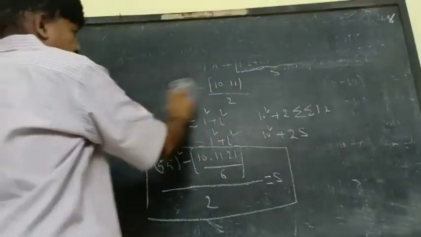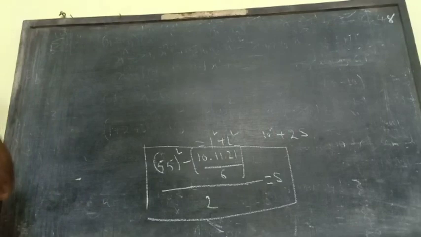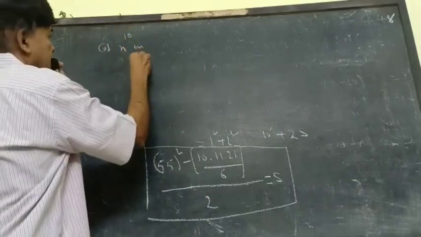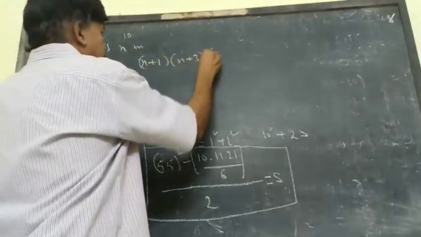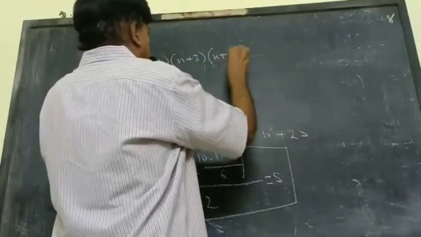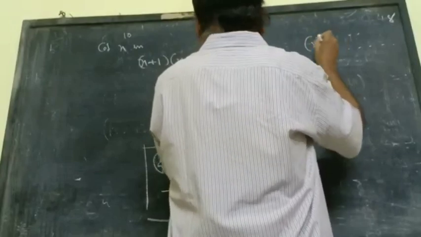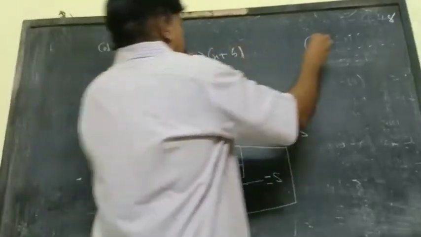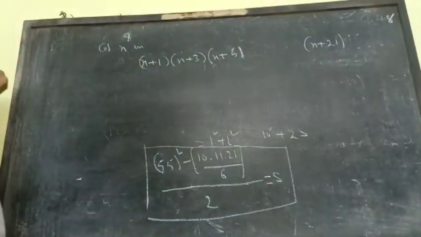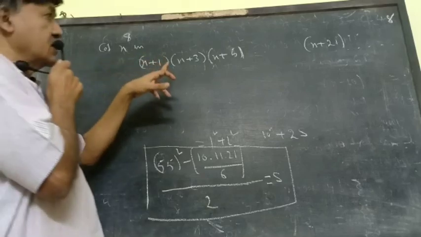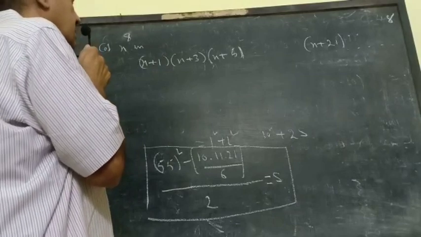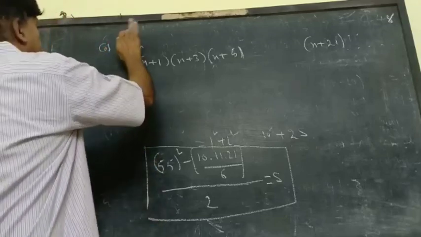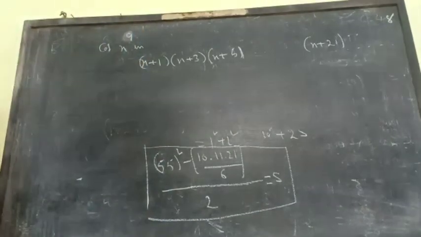You can do one more problem like this. Find the coefficient of x power 9 in (x + 1)(x + 3)(x + 5) etc. up to (x + 21), that is 2n plus 1 equal to 21, so 11 factors.